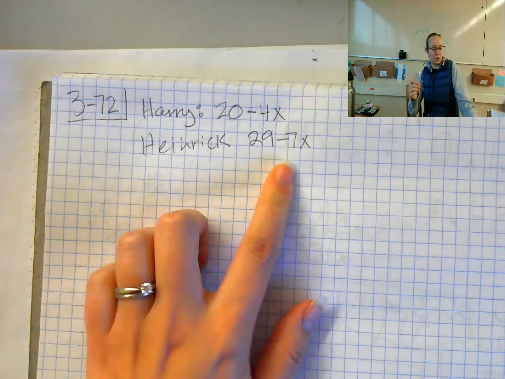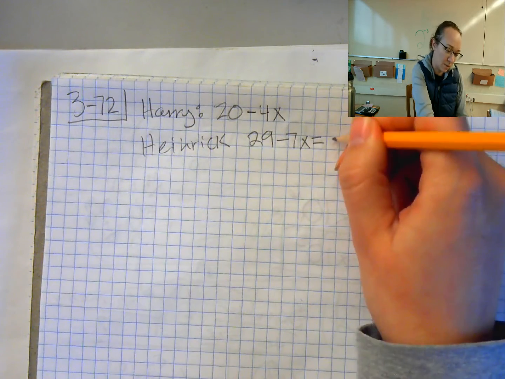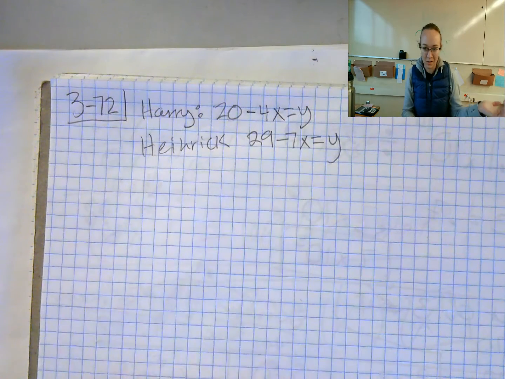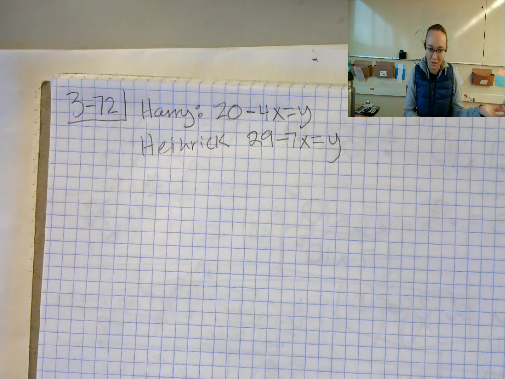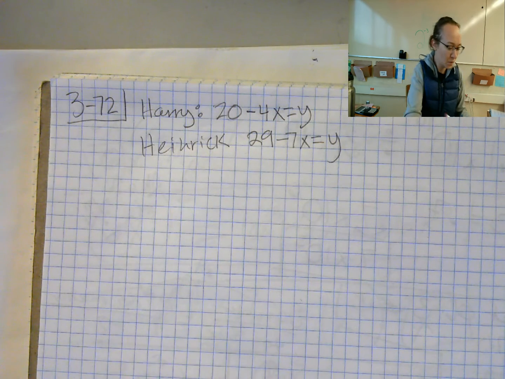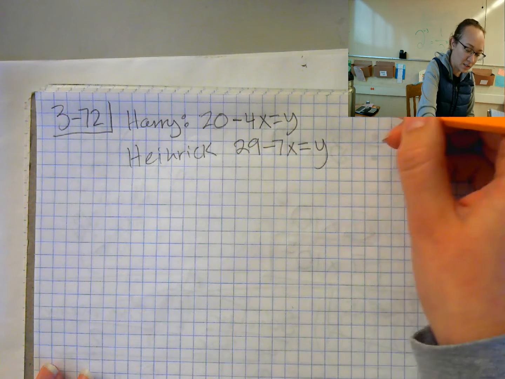And then for both of those, if x is hours, then y would be number of lily pads left over. Now you don't know how to solve this yet using the equations, or at least I don't think you do. So I would expect that most of you would have done this using a table.